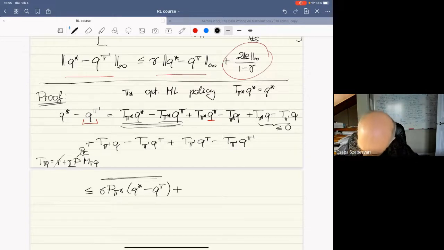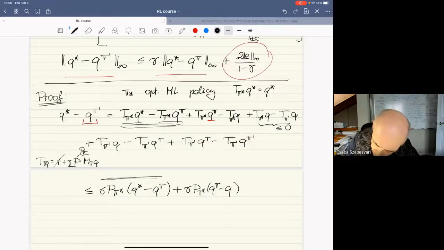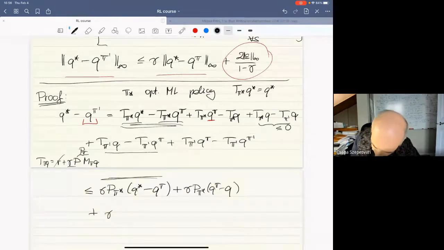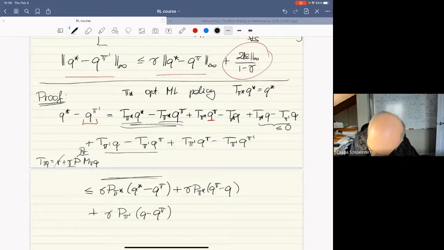So now I have gamma P of pi star applied to q pi minus q. That's like a negative epsilon, so that's fine. Now I drop this term, and from this term I have the epsilon, and then gamma times P of pi prime applied to q pi minus q pi prime.